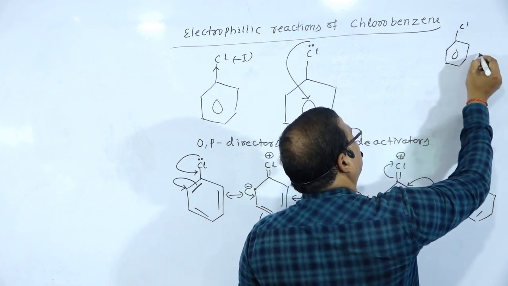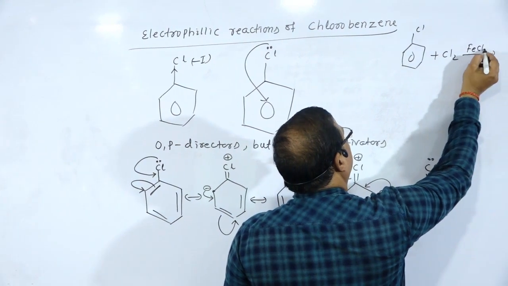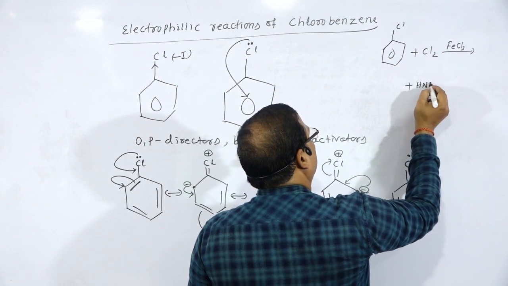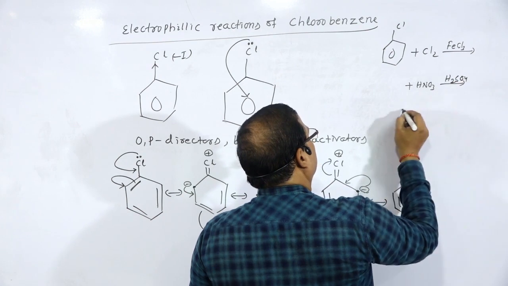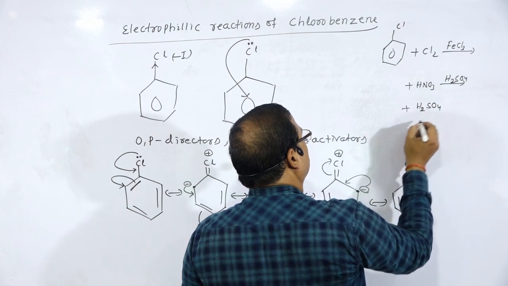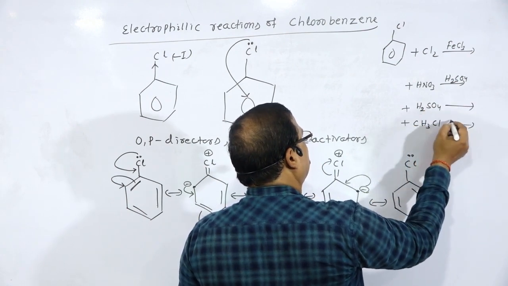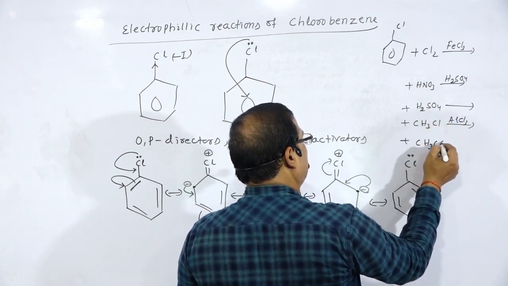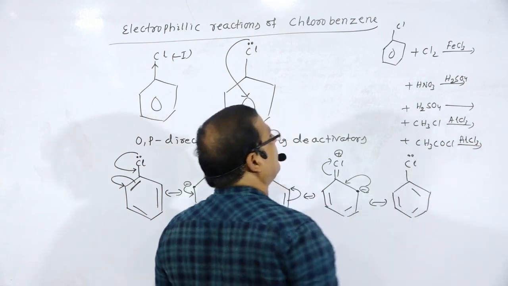Chlorobenzene is treated with Cl2 in the presence of FeCl3, or with HNO3 and H2SO4 for nitration, or with sulfuric acid only, or with CH3Cl in the presence of AlCl3, or with CH3COCl in the presence of AlCl3.